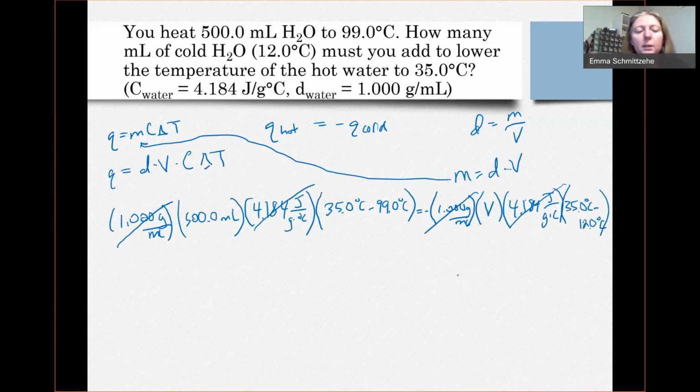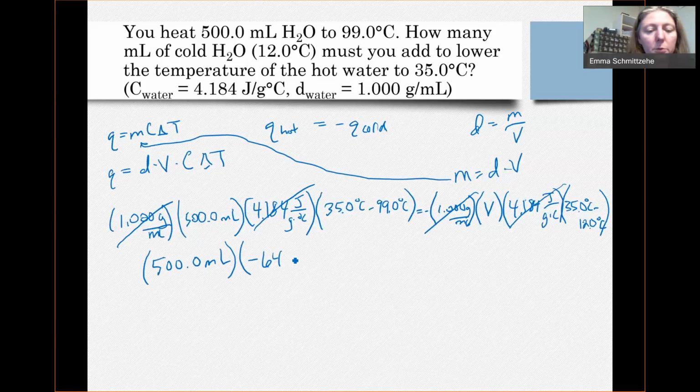So really on the left, we have 500 milliliters times 35.0 minus 99.0, so negative 64.0 degrees C. And that should be equal to negative volume times that temperature change, 35.0 minus 12.0. So that's 23.0 degrees C.